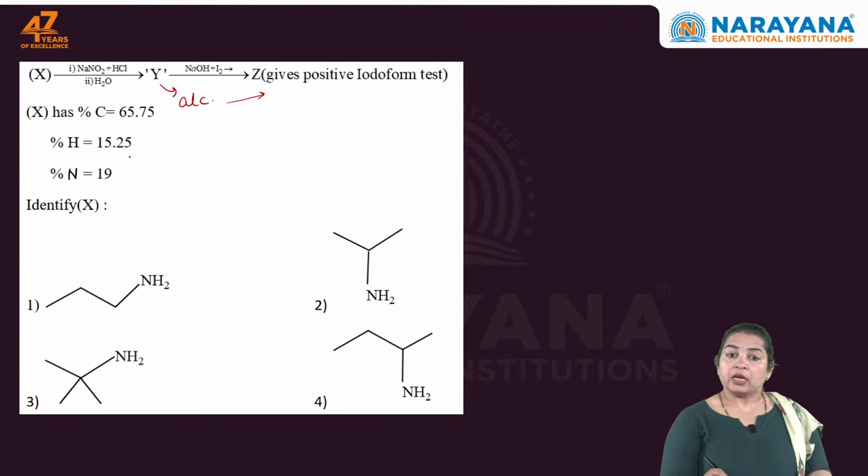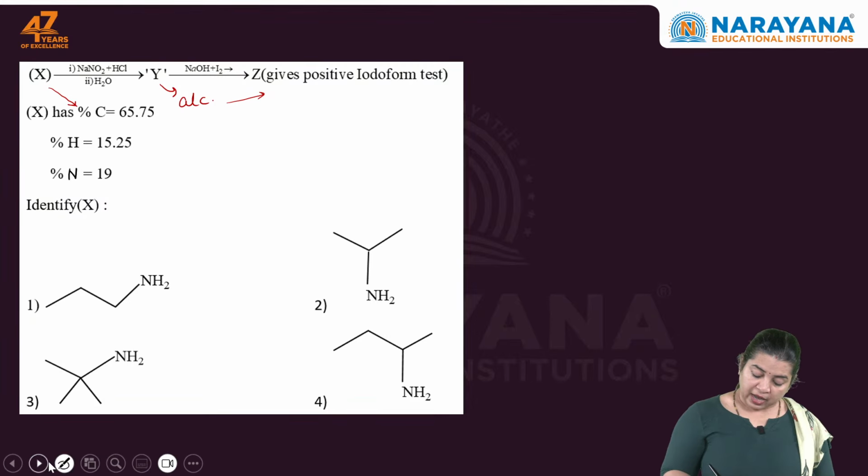Okay. Now the point is, this original compound X is said to have 65.75% carbon, 15.25% hydrogen, 19% of nitrogen.